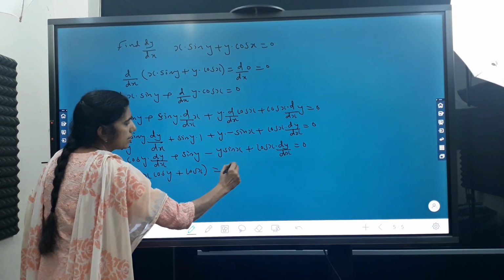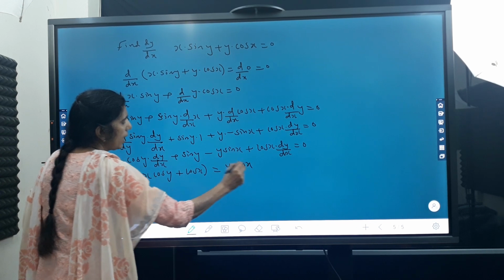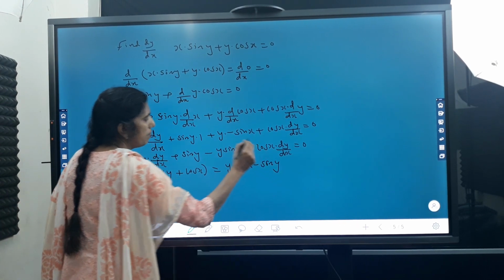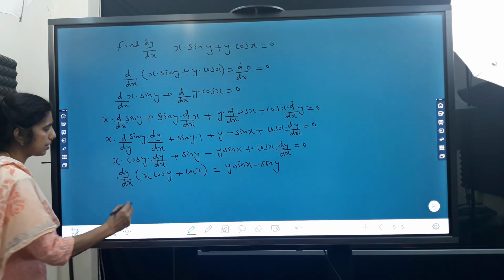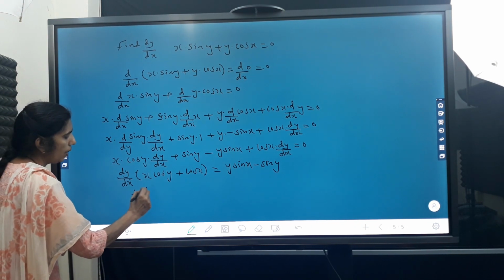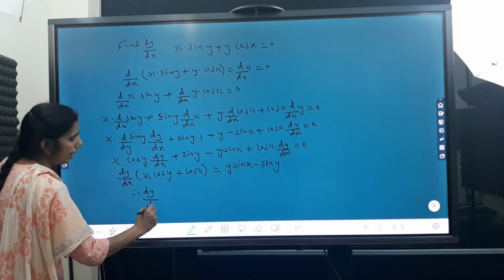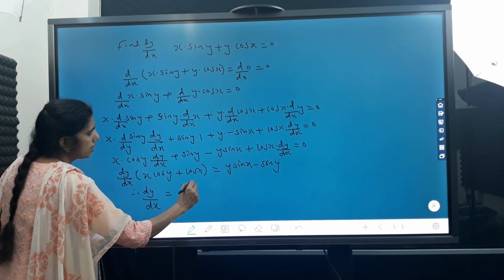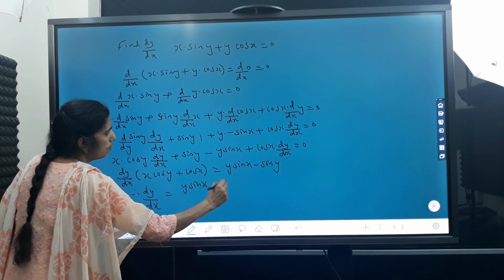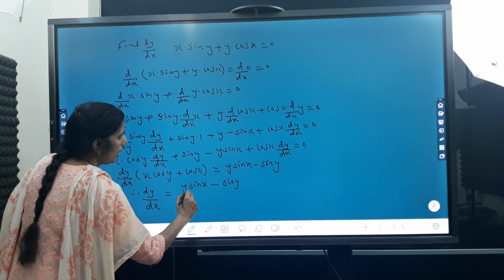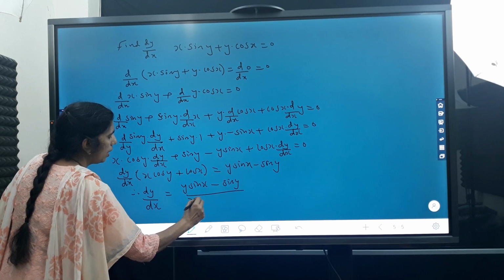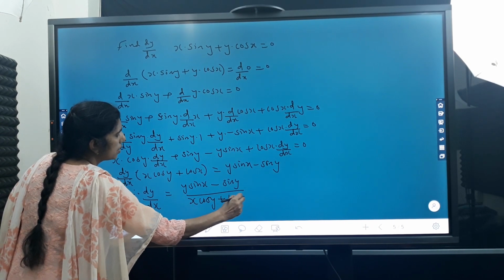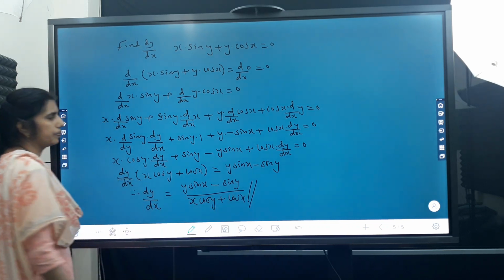When it goes to the other side it becomes y sin x, plus sin y, when it goes to the RHS it becomes minus sin y. So now you can divide and write dy by dx as y sin x minus sin y upon x cos y plus cos x.